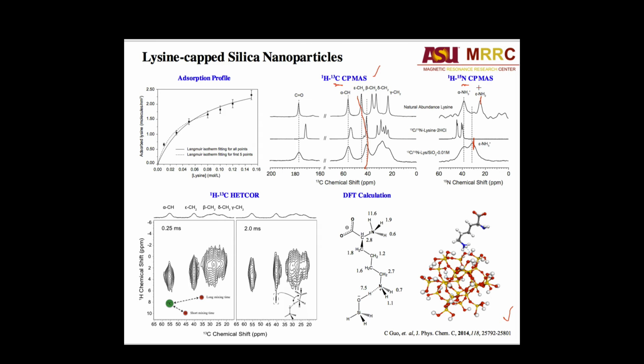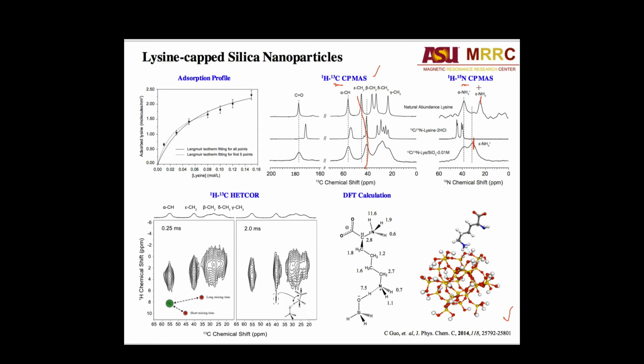And we also tried two-dimensional NMR. Here I showed you the proton to carbon heteronuclear correlation spectrum. By changing the mixing time, the left one shows a 0.25 millisecond correlation time, and the right one shows a 2 millisecond correlation time. By changing the correlation time, you can resolve signals talking over longer distances.